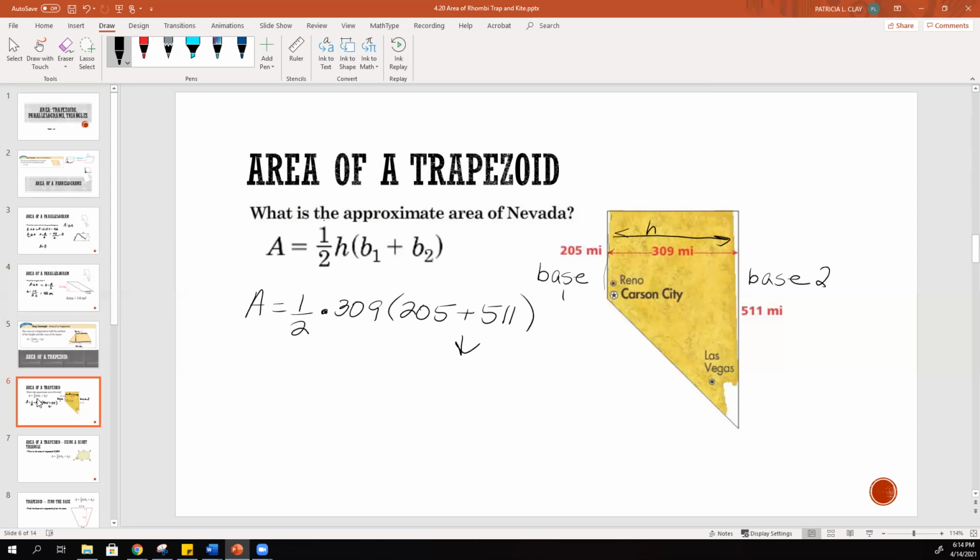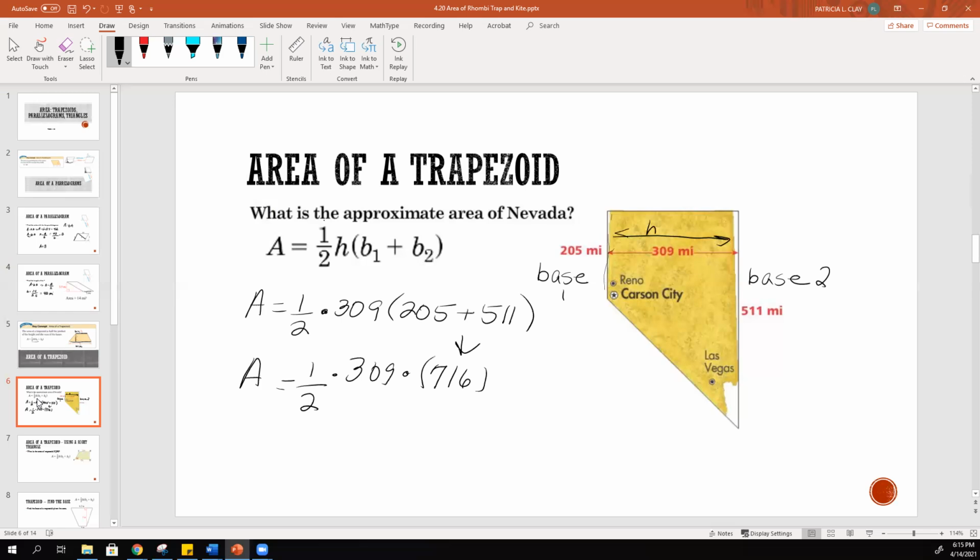My calculator messed up real quick. Let's go back. It's going to be 205 plus 511, so this is going to be 716. Then now you can put this all in our calculator together. You could have done it the other way if you wanted to put it all in, just make sure you use your parentheses so it does the order of operations correctly.